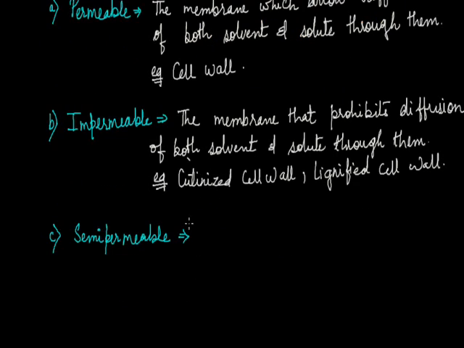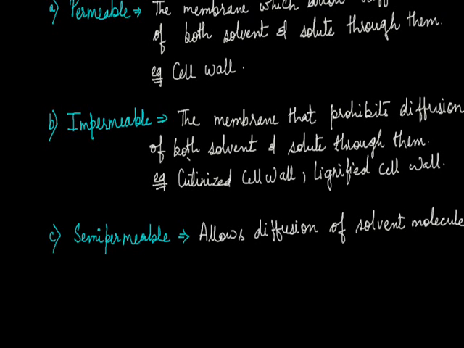This type of membrane allows diffusion of solvent molecules only, but it does not allow the passage of the solute molecules.